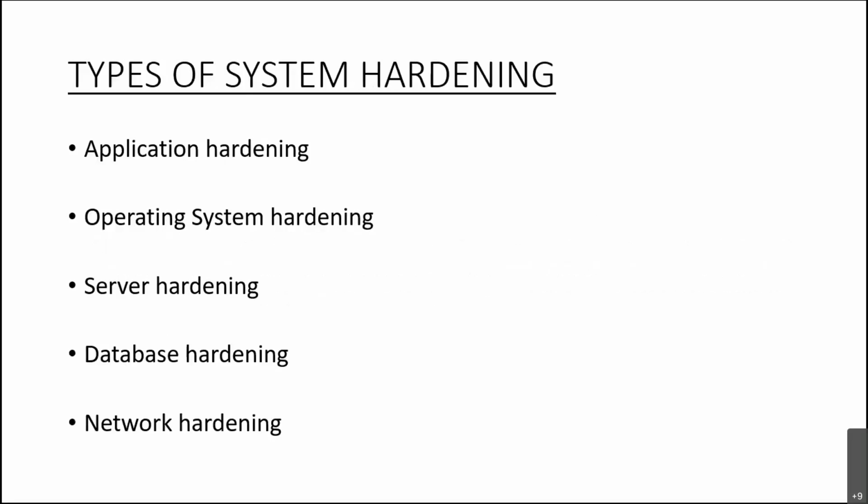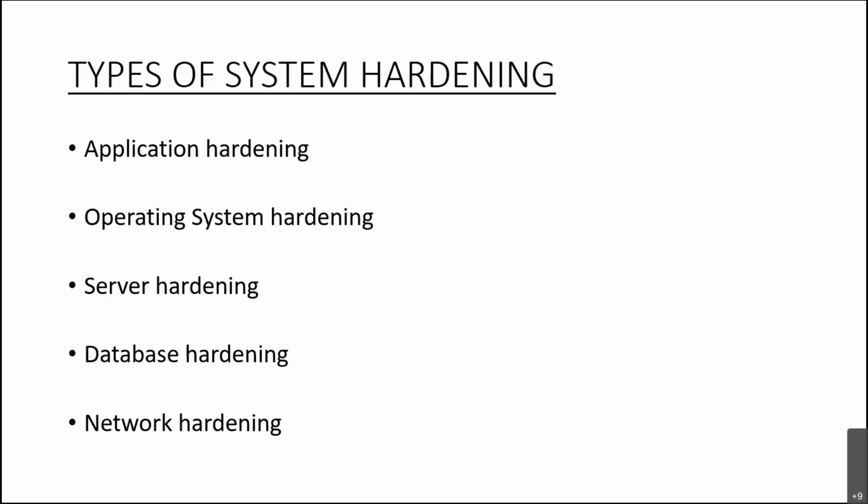So to start with, types of system hardening. What are the types of system hardening? Let's start with applications: the hardening of all the applications running in our environment, which includes your Microsoft Office, your Java, your SQL, your PDFs. All these applications need to be hardened.